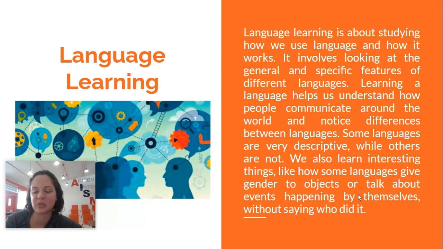And in Spanish, when we want to talk about a situation or event that just happened, we don't mention the person who caused the event. We just talk about the object, and we actually explain what happened to the object. So that's a huge difference when you compare with English. With English, you are more specific, and you point to the person who caused the event or the accident.